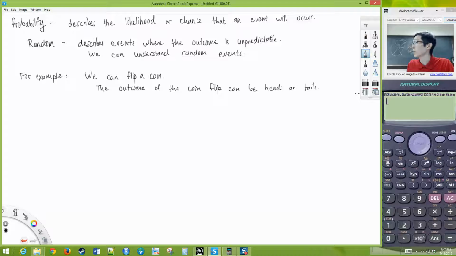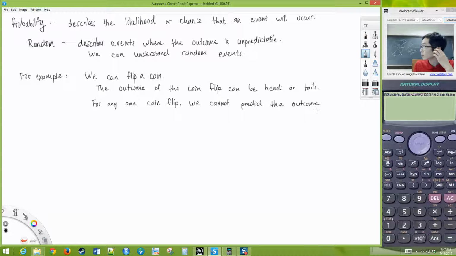For any individual coin flip, we cannot predict the outcome. However, we can understand the nature of coin flips.